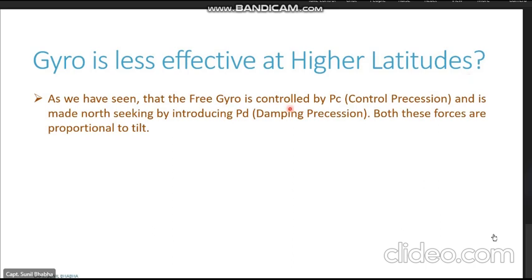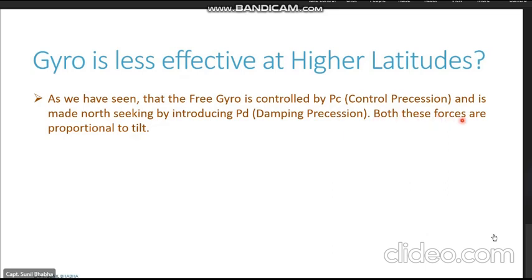You can easily understand it. We have seen in our explanation that the free gyro is controlled by PC, control precession, and is made north-seeking by introducing PD, that is the damping precession.